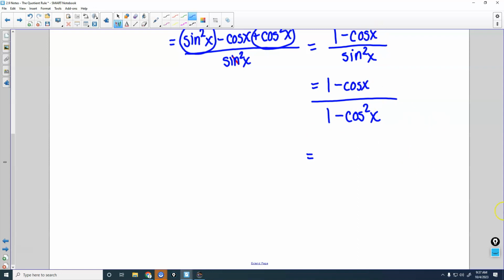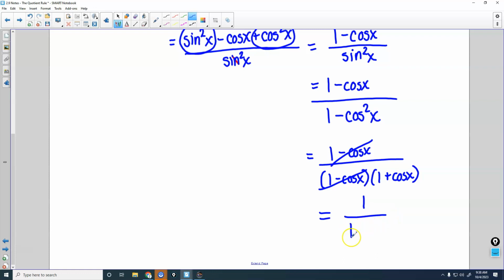That would just go right back to where I was. Not quite. You're on the right track. 1 minus cosine x times 1 plus cosine x. That's a difference of squares. It'll factor. Now this can cancel. 1 over 1 plus cosine x. That's probably what you're going to see on like a multiple choice or back of the book.